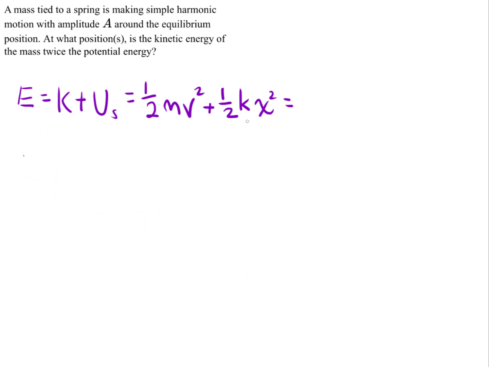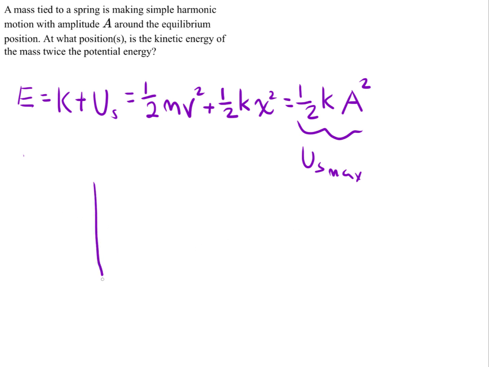So knowing this, we can say that the total energy is also equal to 1/2 times the spring constant times the amplitude squared. And this expression is simply the maximum potential spring energy that's possible. So it is when the object is at the peaks of the simple harmonic motion.